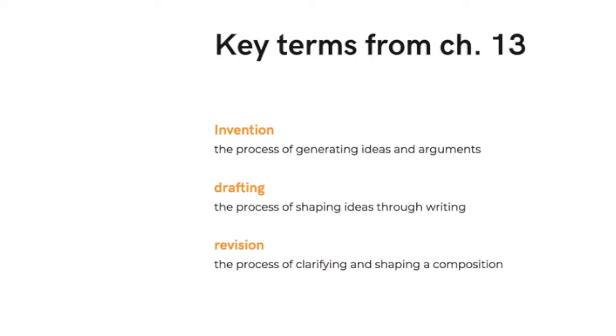But indeed, these 3 steps are essential. Invention is the process of generating ideas and arguments, which sometimes is not actually writing anything down at all, but doing the research and the thinking and sitting out in your garden and staring off into space and having that aha moment. We're going to practice a little bit of that invention process for the remainder of class today.